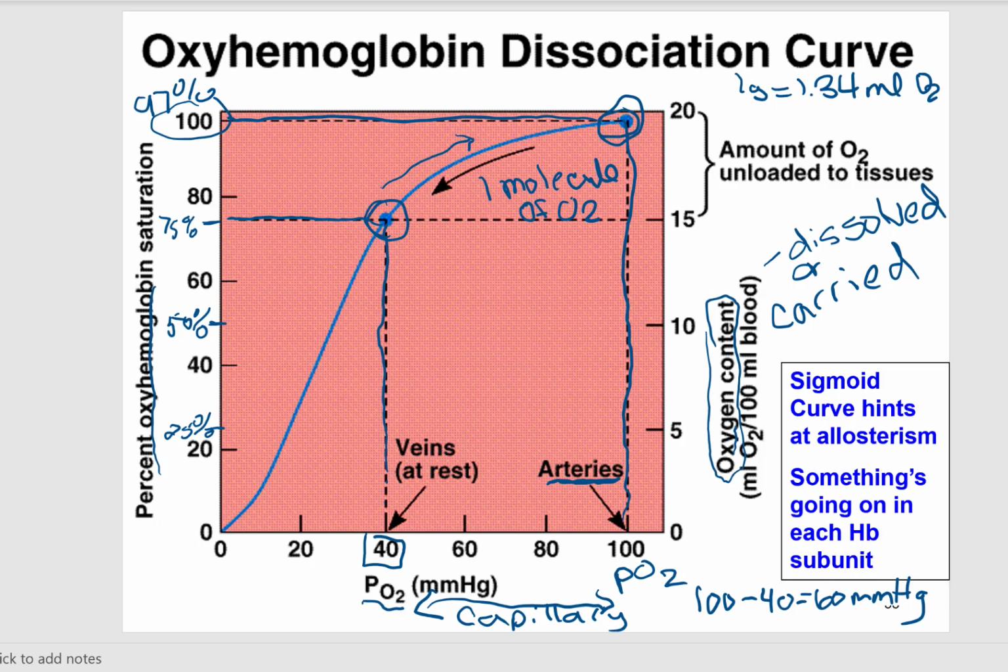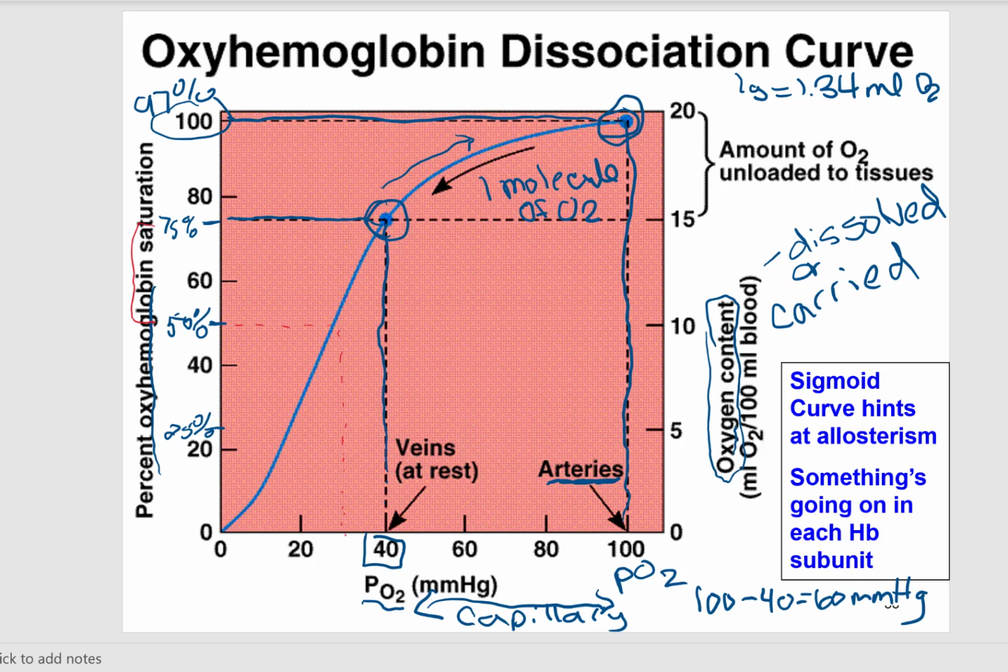What if we wanted to ask the question, how much of a pressure change would be required to go from 75% to 50%? Well, here's my 50% saturation. I'm going to draw a horizontal line until I hit my sigmoid curve. Then I'm going to draw a vertical line down.